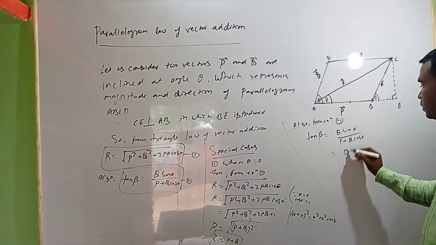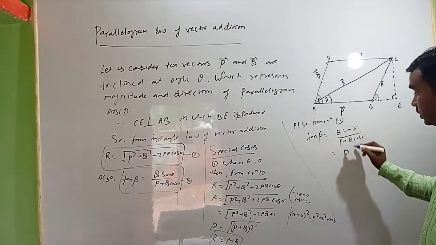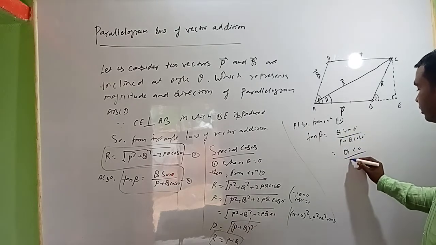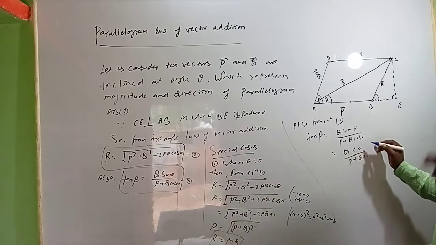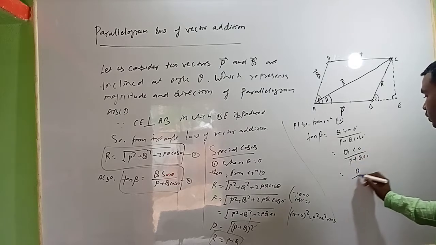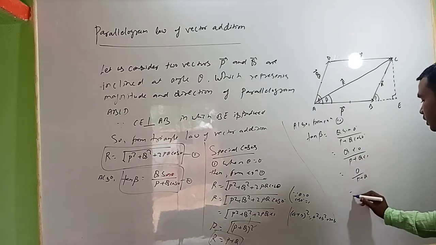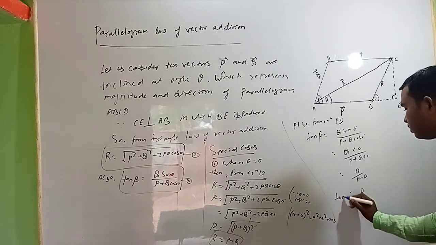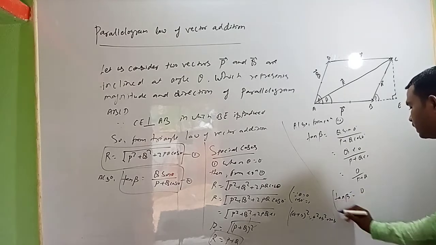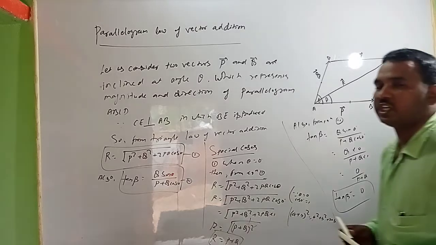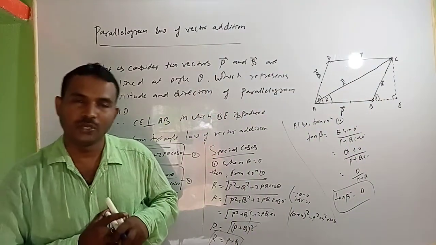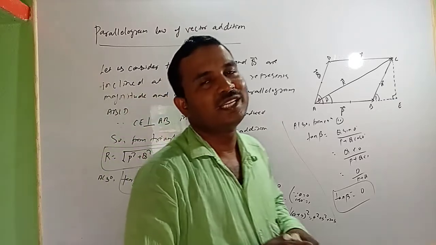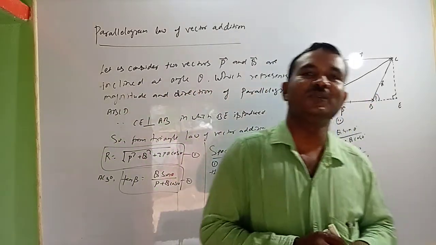Sin 0 is 0, divided by P plus Q into 1, since cos 0 is 1. So it is 0 by P plus Q, which means 0. So tan beta is equal to 0 when the angle is 0 degree.